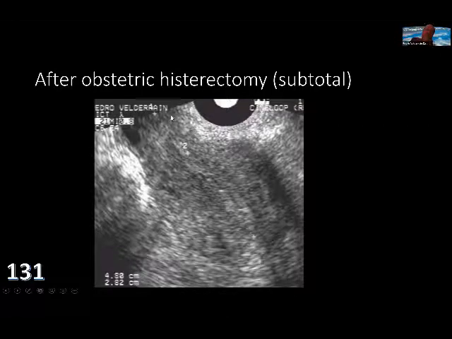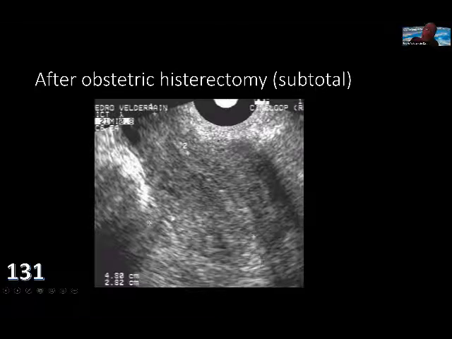This is a transvaginal image of a small, you can notice 4.8 centimeters length uterus. What's happened here? She had an obstetric hysterectomy, which usually is not a total hysterectomy.